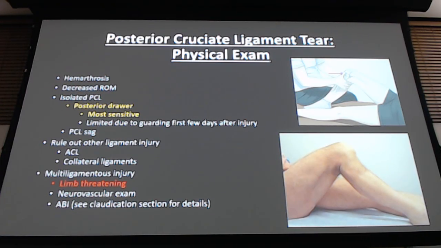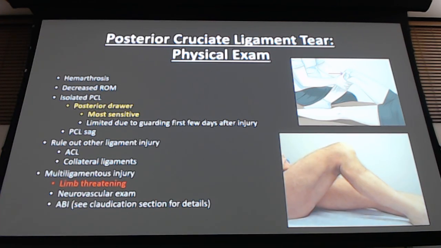Isolated PCL, that's the posterior drawer. A lot of times you guys are taught it's an anterior drawer, and then, am I also going to do a posterior drawer? I will tell you this, when I teach you anterior, posterior drawer, that's one test. You are doing anterior and posterior drawer, because you want to do a complete assessment.